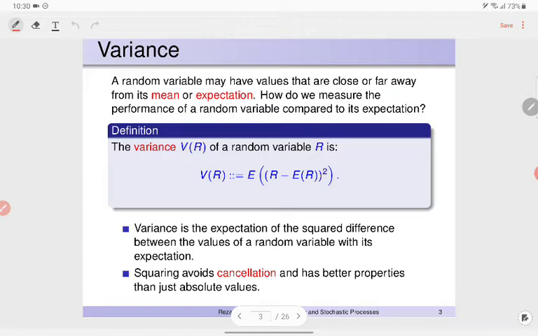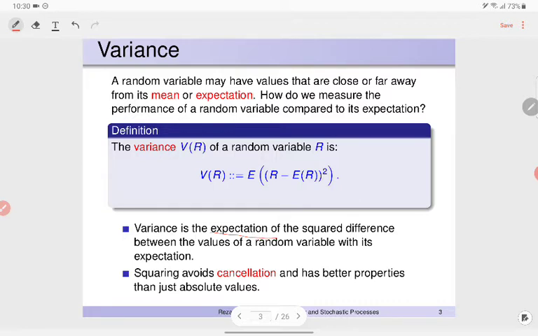One way to do this is by using the variance. The variance VR of a random variable R is defined as follows. The variance is equal to the expectation of (R minus ER) squared. This means that the variance is the expectation of the squared difference between the values of a random variable and its expectation.